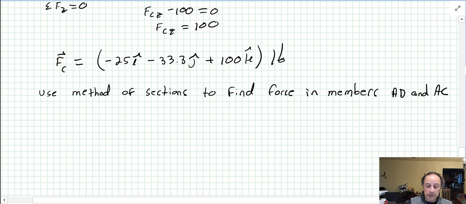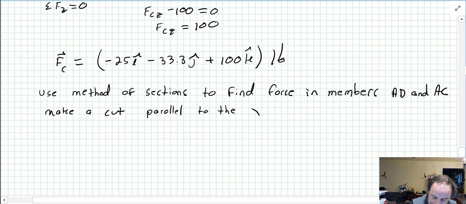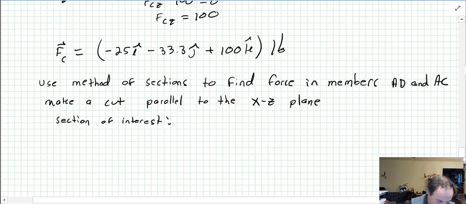So to do this, we're going to make a cut parallel to the XZ plane. And so that means the section of interest will look like this.